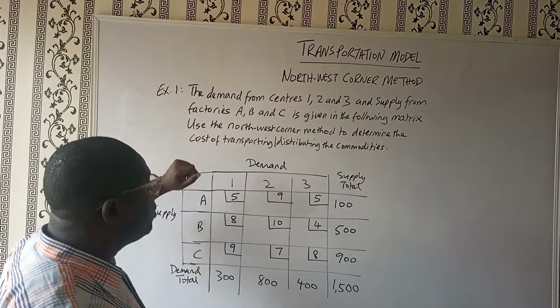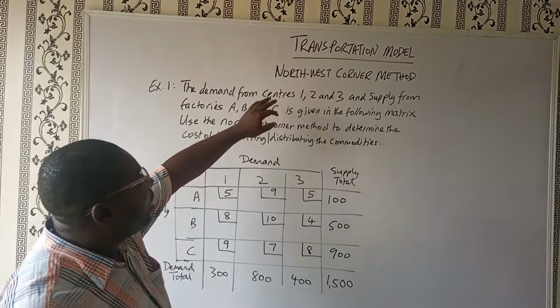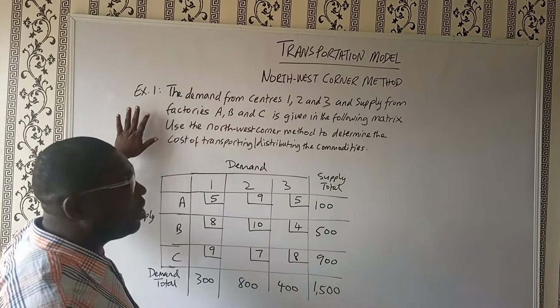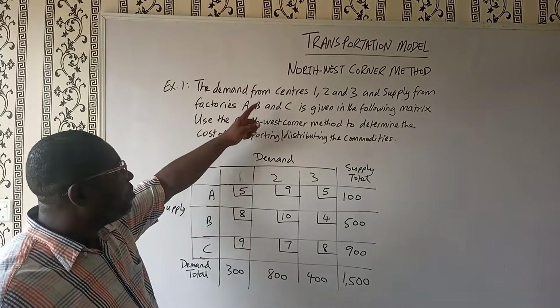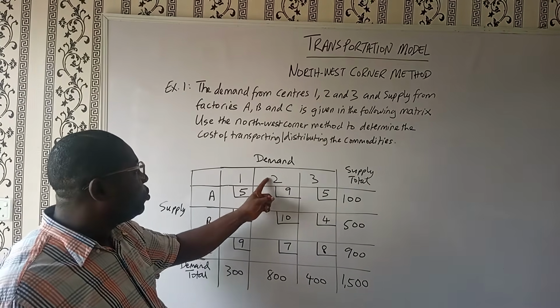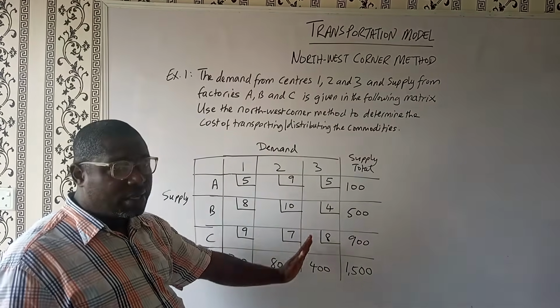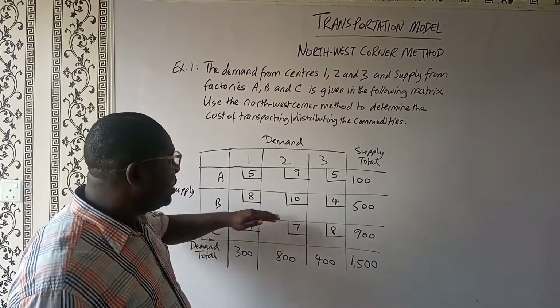As you can see on the board, we have a transportation problem, and then we have the northwest corner method, example 1. The example tells us the demand from centers 1, 2, and 3. The columns are usually the demand, and the rows are the supply.